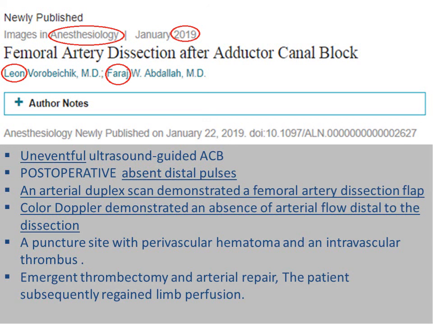An arterial duplex scan demonstrated a femoral artery dissection flap. Color Doppler demonstrated an absent arterial flow distal to the dissection, a puncture site with perivascular hematoma and intravascular thrombus. Emergent thrombectomy and arterial repair were performed. The patient subsequently regained limb perfusion.